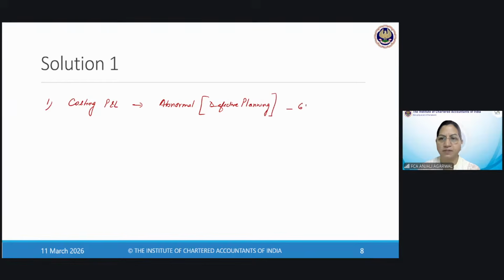How much? 60% was due to abnormal or defective planning. And secondly, we will use a supplementary rate, as the question is very clearly mentioning that there is finished goods stock as well as goods sold.